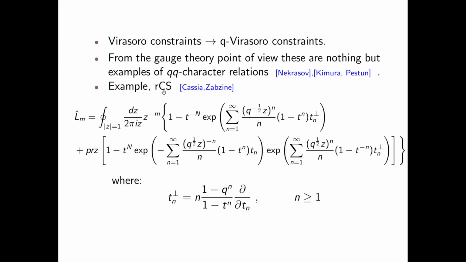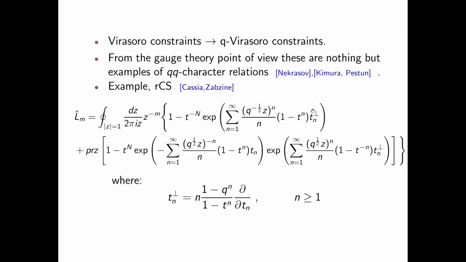And so for example, in this refined Chern-Simons case, this is exactly an operator which gives these q-Virasoro relations. It's a kind of big expression, but what's important here is that the derivatives now enter in a q-difference way.